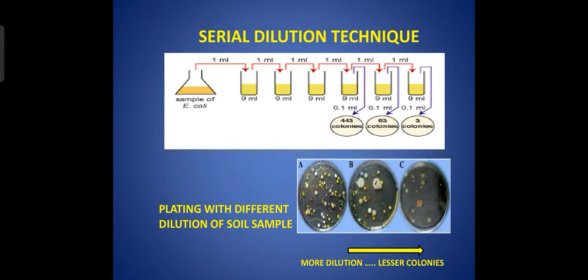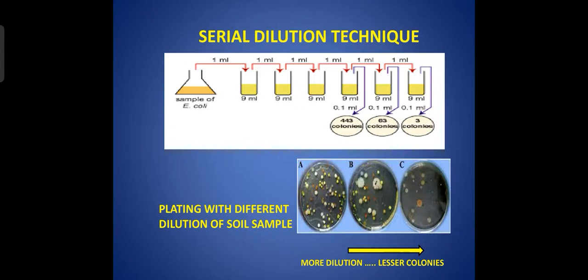We'll mix it and again we'll take 1 ml from that particular tube to the adjacent tube, that is 10 raised to -2 tube. Same thing we'll do till 10 raised to -10 tube to get the serial dilution of the particular culture or organism.